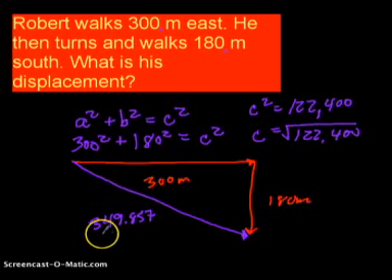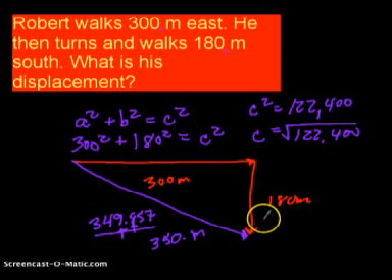I'm going to round this to 3 significant figures. It means I'm going to look at the fourth one. It's an 8. I'm going to round this one up. But when I do that, I end up with 350. So we're going to say that's 350 meters. That is Robert's displacement, or the magnitude of his displacement. We still haven't solved exactly the direction that it is. We do know that it's southeast of where he started from.